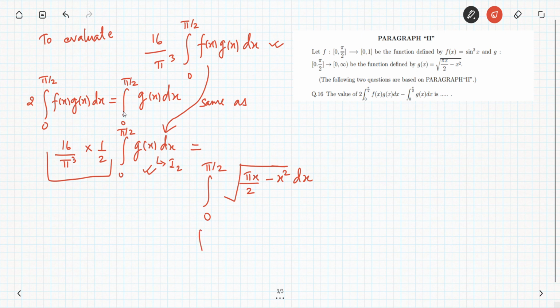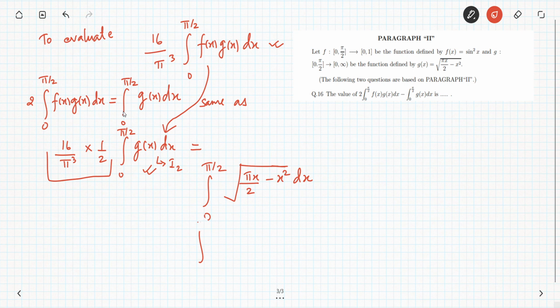Okay, so I can write it like this: 0 to pi by 2, or better, currently we get rid of these limits, simply trying to evaluate this particular indefinite integration. And after that I will be loading the limits.